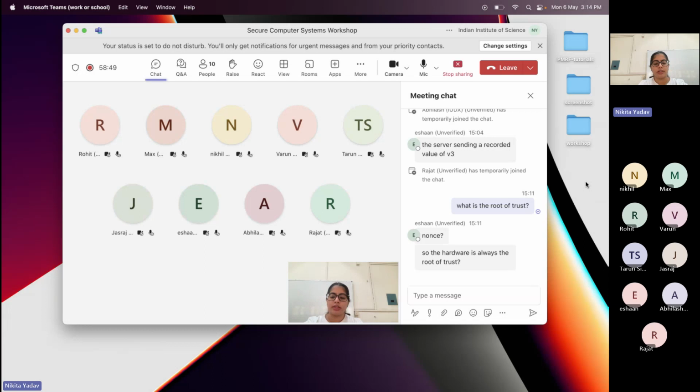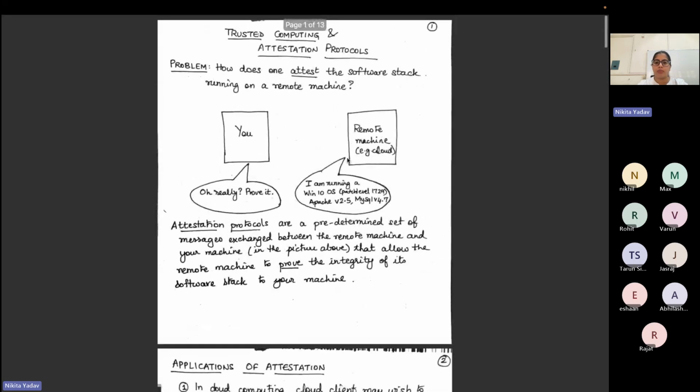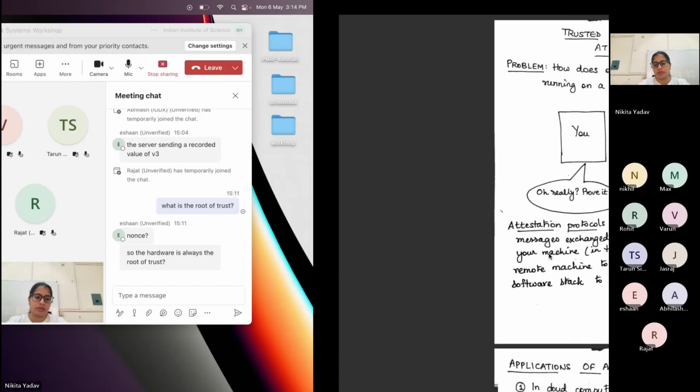For this particular problem here, we do not trust any software. So we are saying, okay, we are going to trust only the hardware. But if you have some other problem setting where you can say you trust, say, the hypervisor or the operating system, then that can also serve as a root of trust.